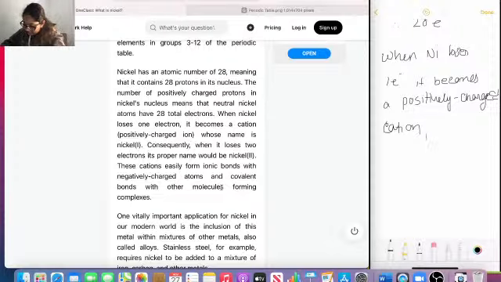You write it like this: Ni, with a 1+ right here.